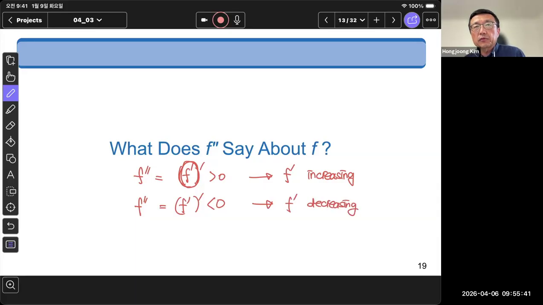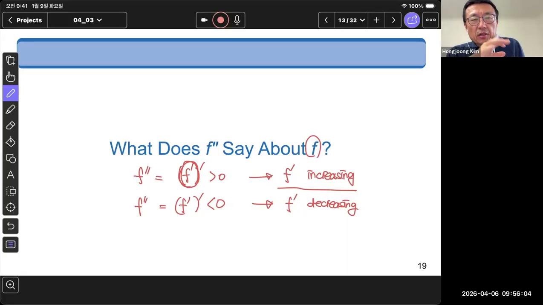This is the result from the first derivative test, right? That's what we learned just moments ago from the previous slide. Now, what is the relationship between this statement and f?